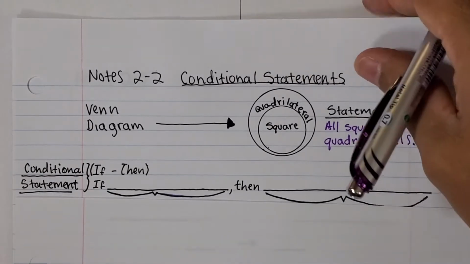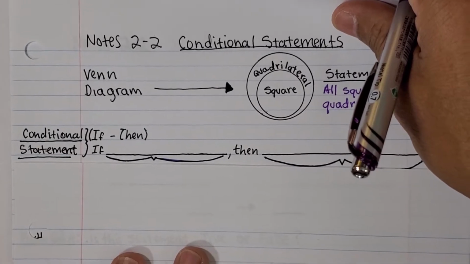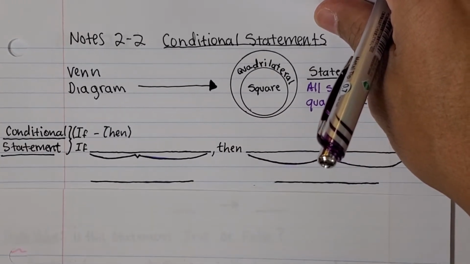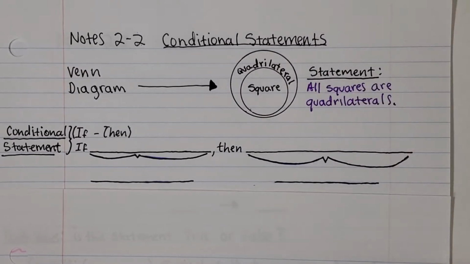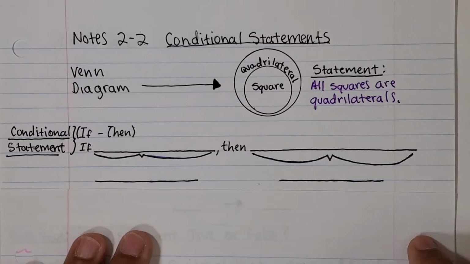All right, so now I'm letting you see this part here. Okay, and I'm going to uncover and fill in this paper with information that will help you understand today's lesson. Today's lesson, like I said, it seems like it's just words, but this is how mathematics works. It's based on logic, and logic has a lot of if and then statements, and you have experienced those with your parents.